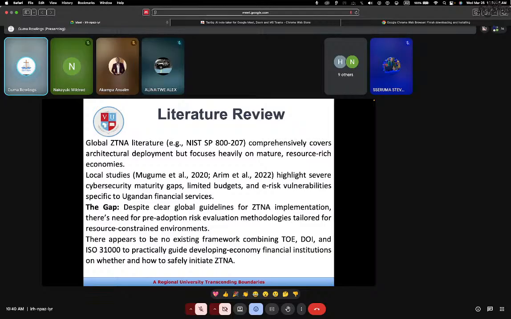Also, there appears to be no existing framework, at least from the literature, combining TOE, DOI, and risk management, ISO 31000, to practically guide developing economies' financial institutions on whether and how to safely take on ZTNA.